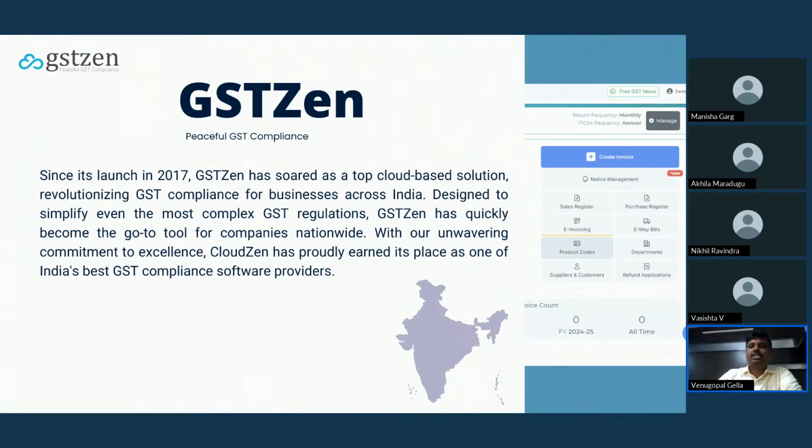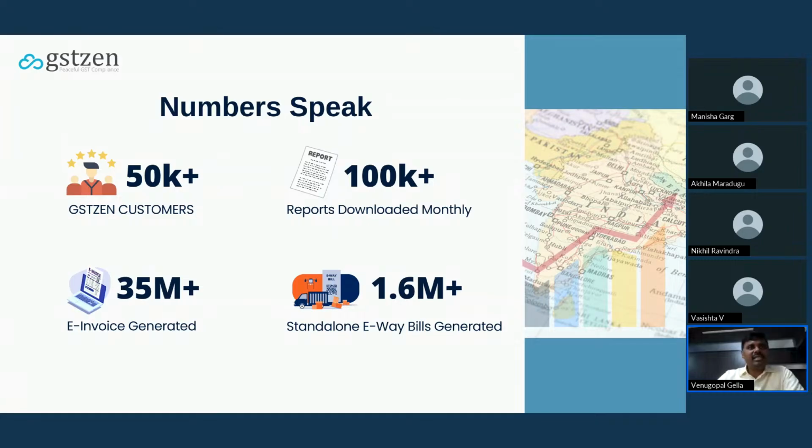And to introduce GST Zen, we've been in the business since GST came in, and we are an ASP, application service provider, and a GSP, GST Suvidha Provider. We've been handling clients by providing software as a service. We've also been handling clients by giving API solutions who process their returns.